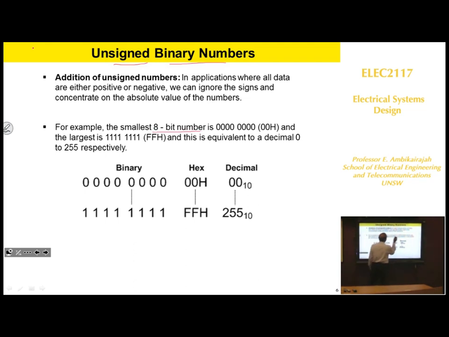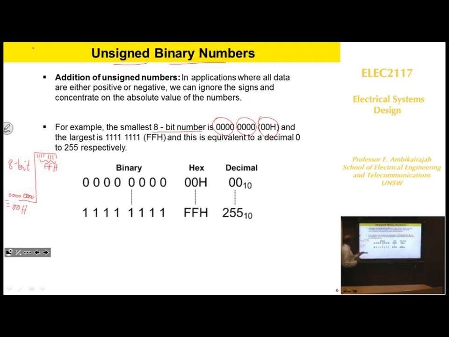The smallest unsigned number in 8 bits is all zeros, 0, 0, 0, 0, 0, 0, 0, 0. That means hexadecimal 00H. The highest number is 1, 1, 1, 1, 1, 1, 1, 1. That's equivalent to FF in H.